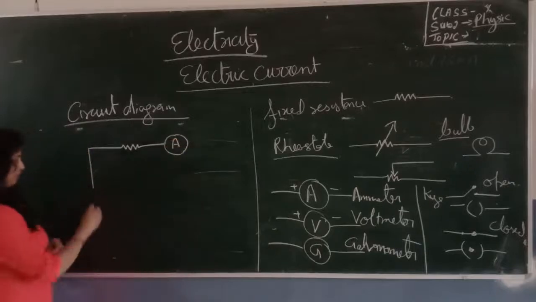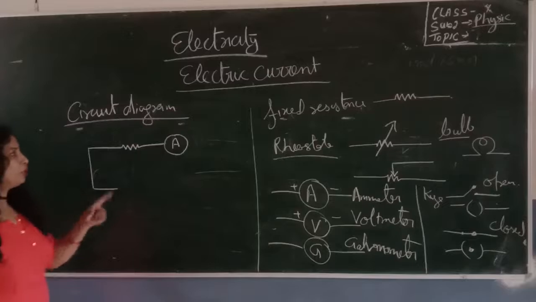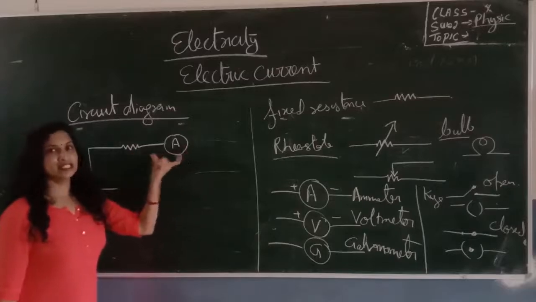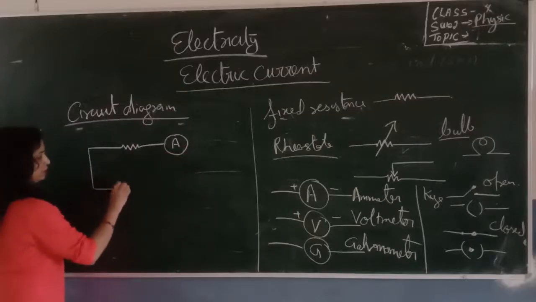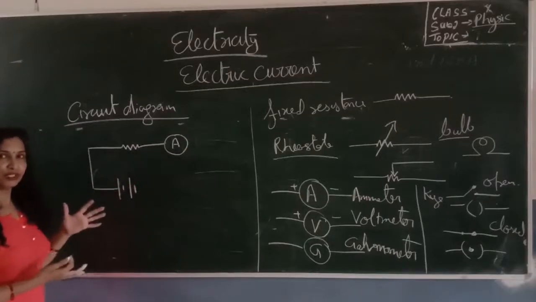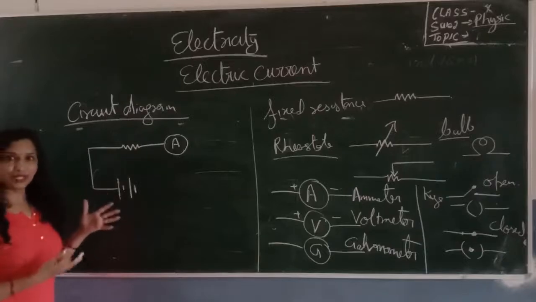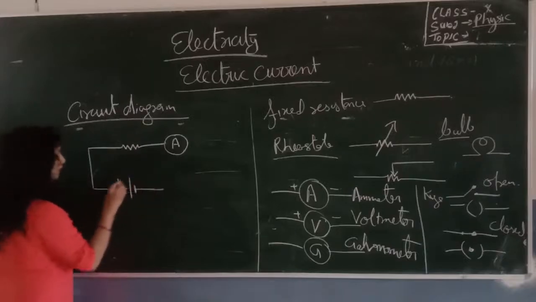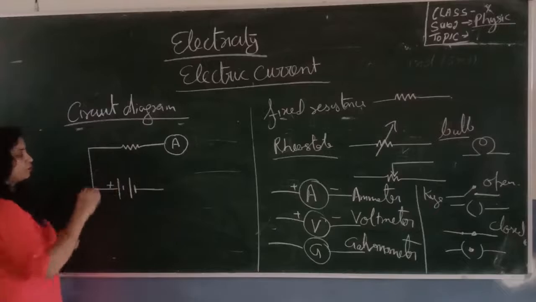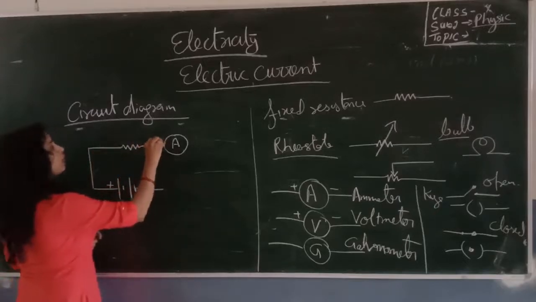This is ammeter. The important condition for connecting the ammeter is not only that we connect it in series, but also, suppose this is the battery. We know that we have to connect the battery for the flow of electric current. So always the positive terminal of the battery should be towards the positive terminal of the ammeter.